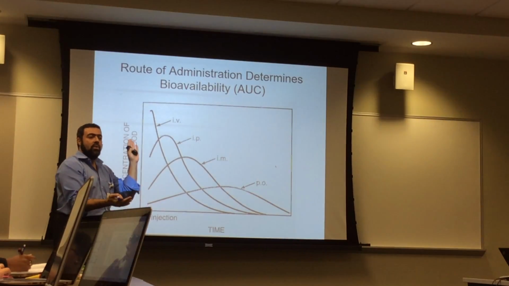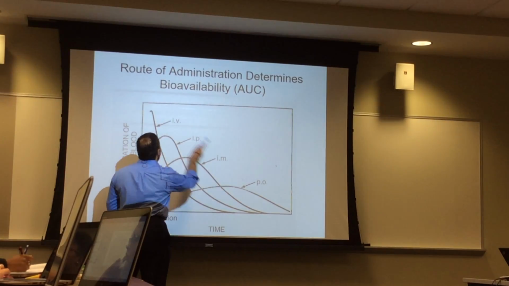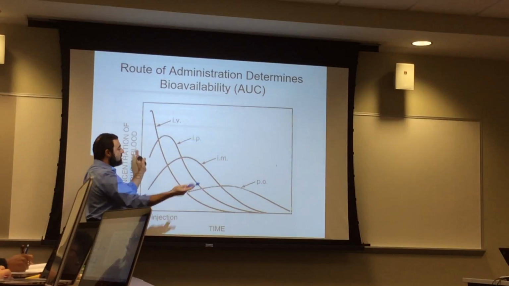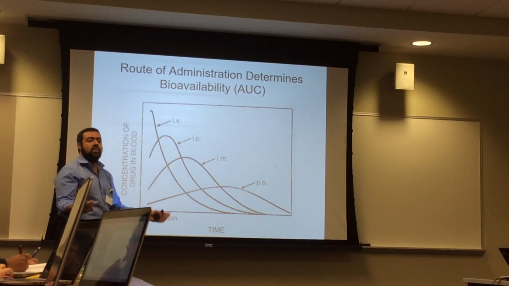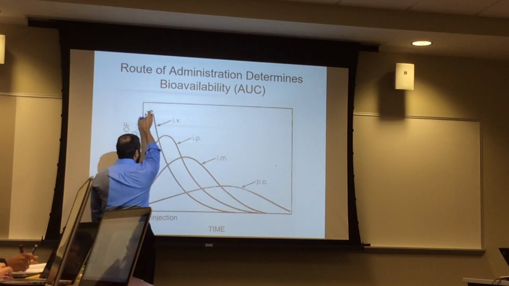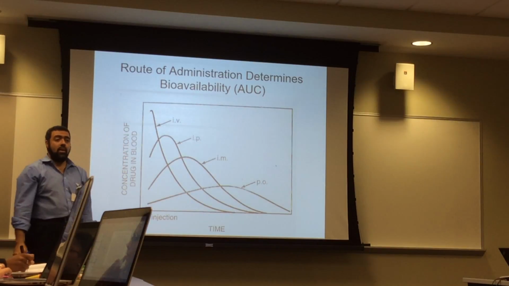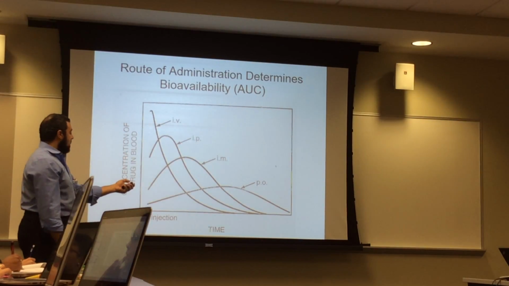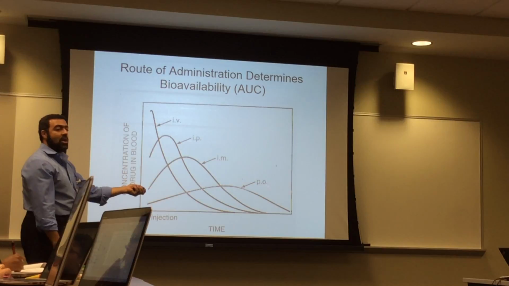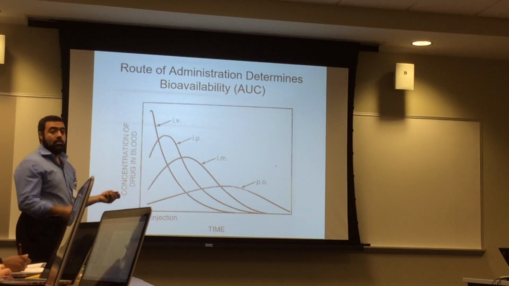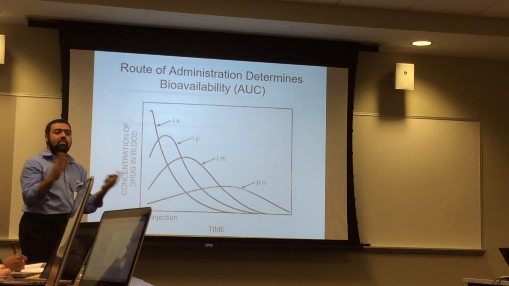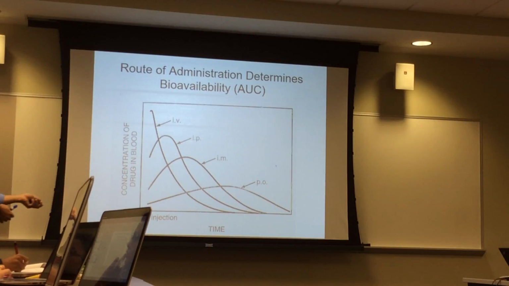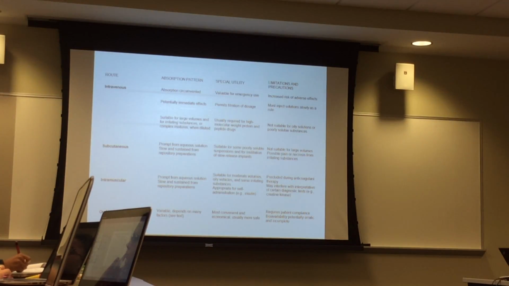Then you divide the oral number by the IV number. And just as an estimate, this is probably absorbed 30%, because this area is probably 30% of this area. And that's why you never achieve similar concentration giving the drug orally versus IV. Most of the drugs are like that, although there are drugs with one-to-one conversion and 100% absorption. I'm not going to cover this, it's already in the book.